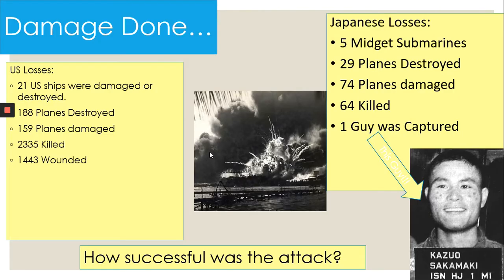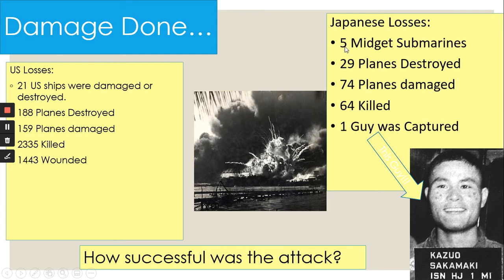Okay, so the damage done to the USA: 21 ships destroyed, 188 planes destroyed, 159 planes damaged, 2,300 people killed, and a further 1,400 wounded. So what do you think of the American damage compared to the Japanese damage?